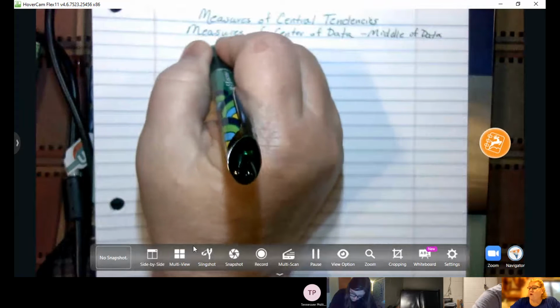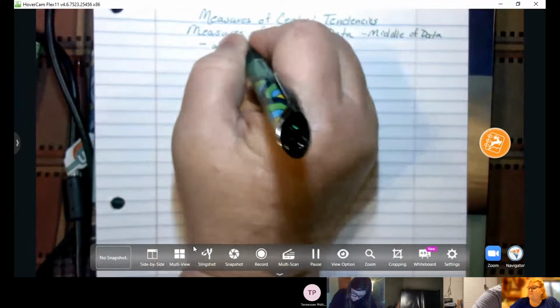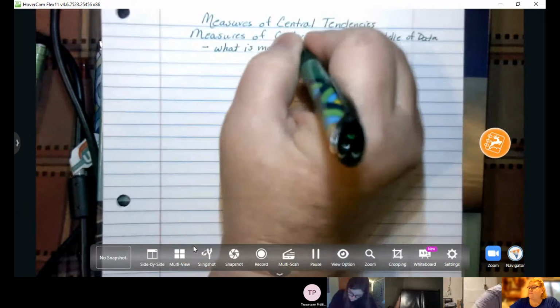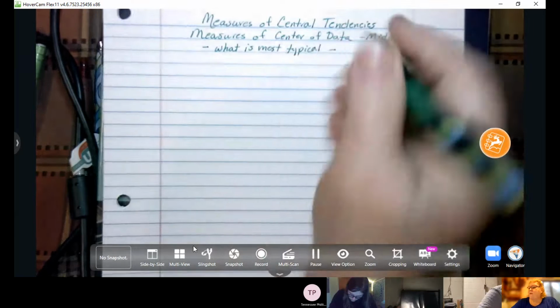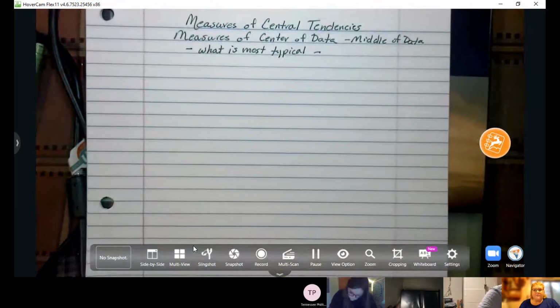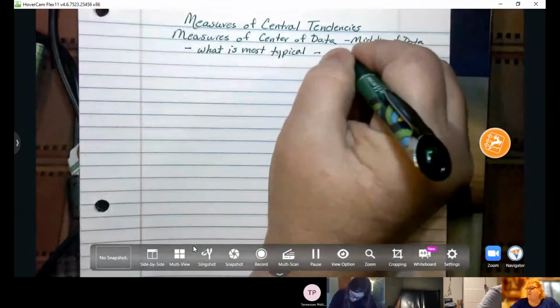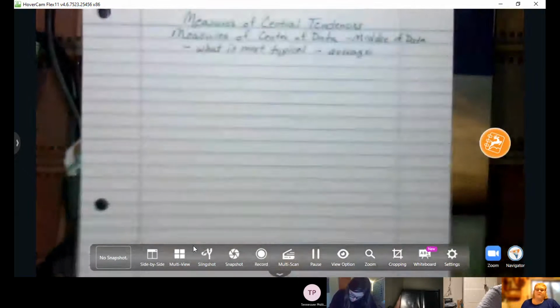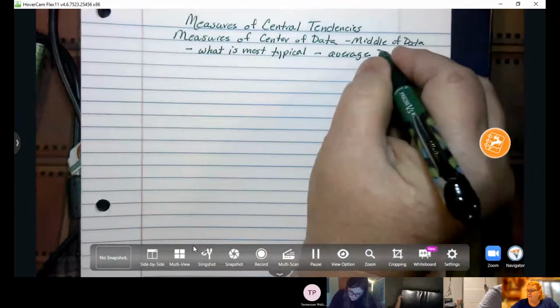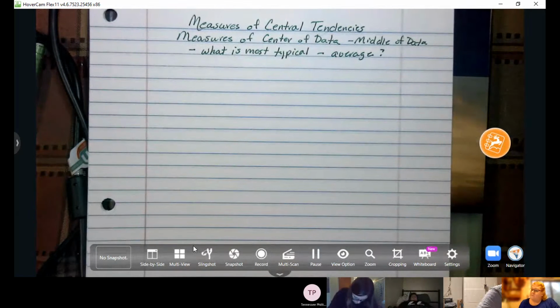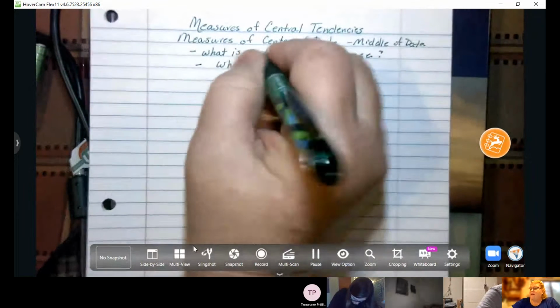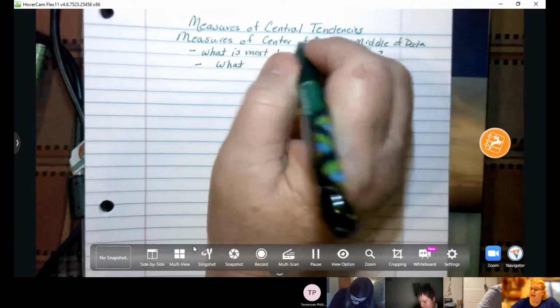We may want to find the middle of the data because we want to know what was most typical. We may want to find the middle because we want to find an average. We may want to find the middle because we want to know what is the most frequent value.